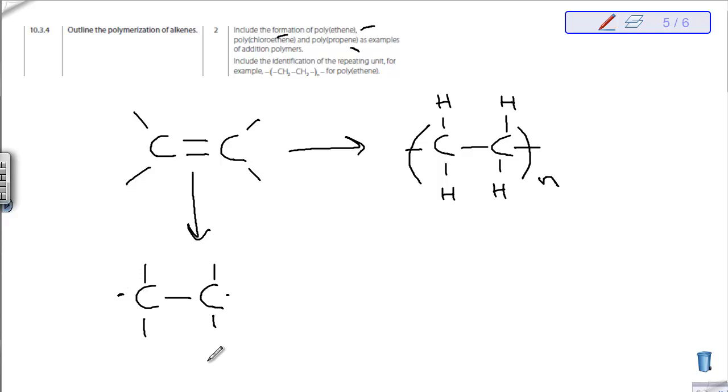A radical is a very, very reactive compound, and once we produce one of these, we can connect an adjacent compound. If we had an adjacent ethene which had not been radicalized, I don't know if that's the right word, well, this particle is extremely reactive, so it can react here, pulling one of these electrons away, forming a bond here, and breaking this bond. I can show that by erasing this.